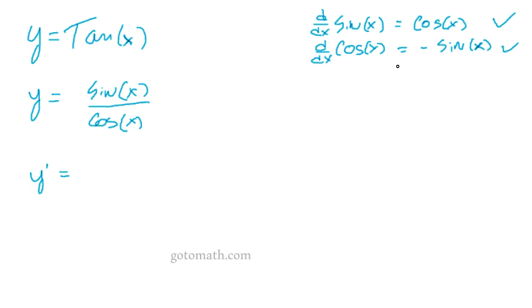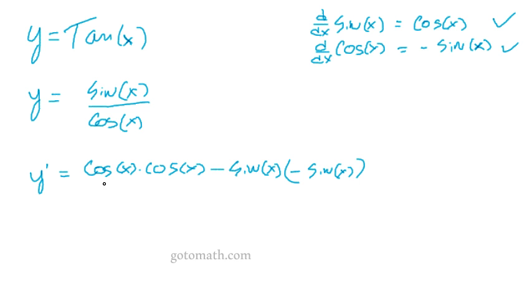Take the derivative of the numerator, which happens to be cosine x, times the denominator, minus the numerator, times the derivative of the denominator. We'll start a parentheses here because we got this negative sine x.